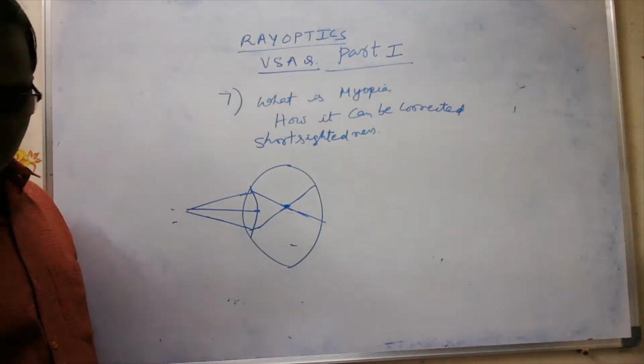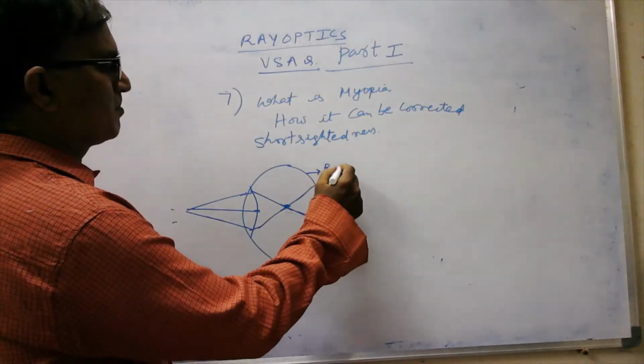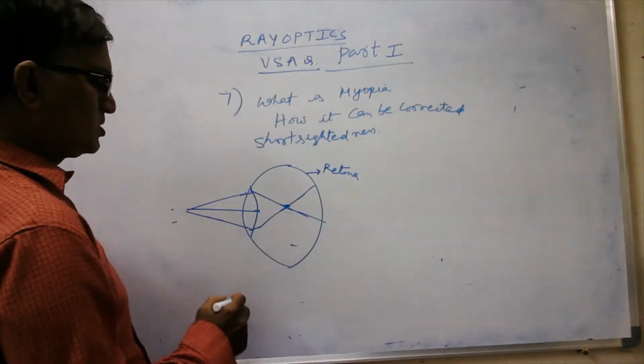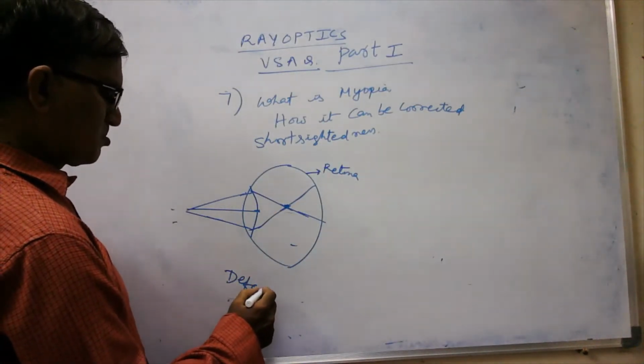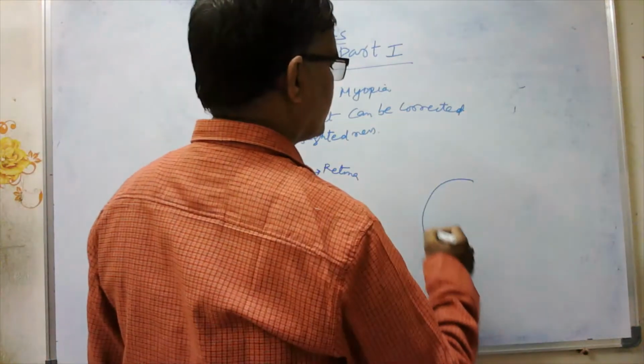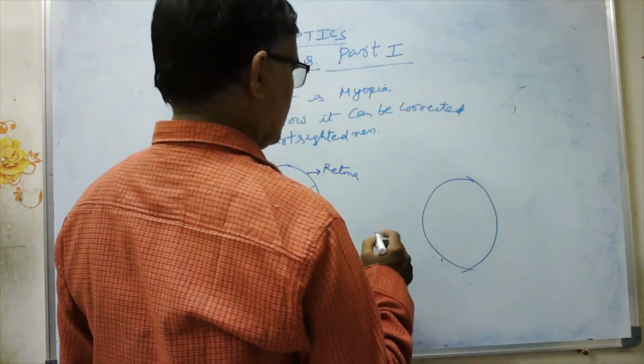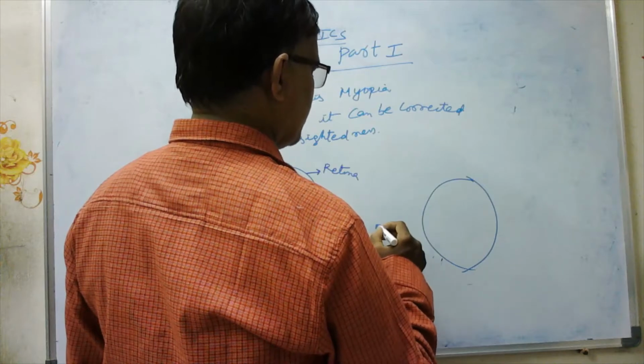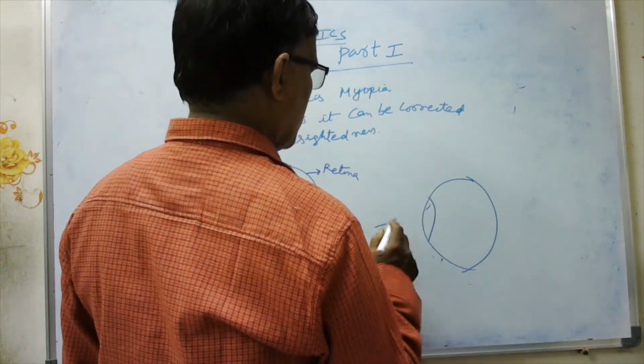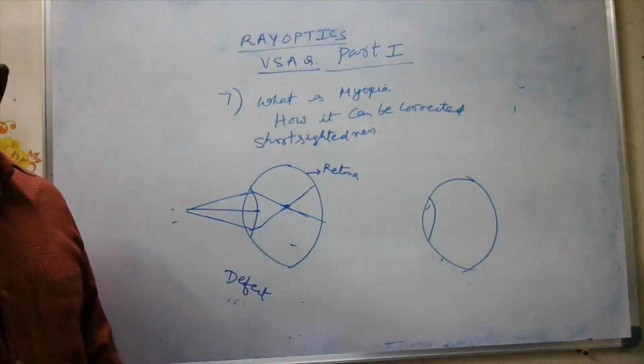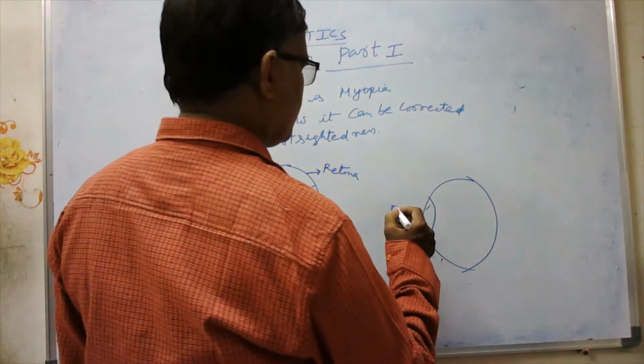Okay, this is the retina. So this is the defect. Now how do we rectify it? Here, by using a concave lens you should keep it in the path of the rays.